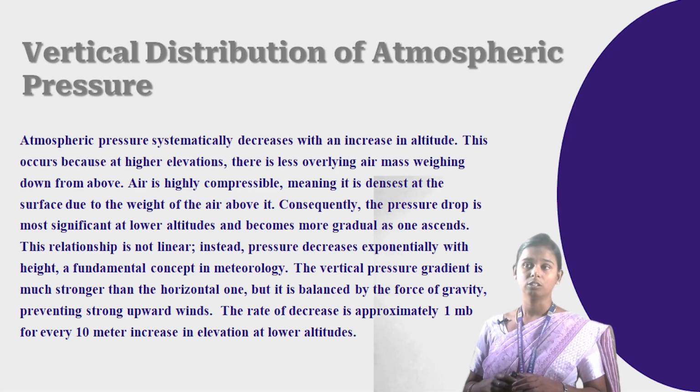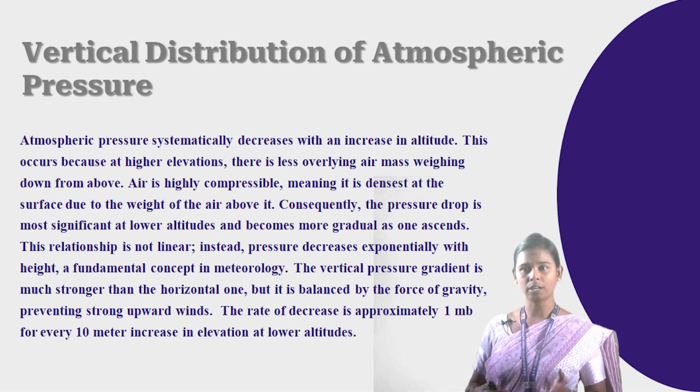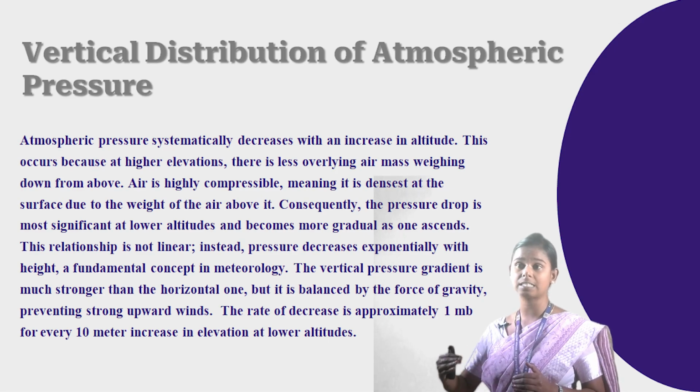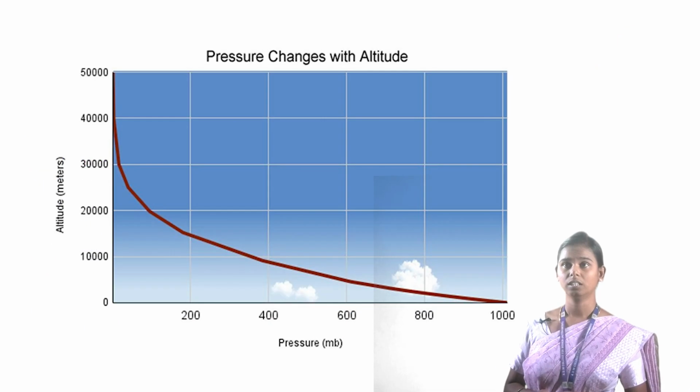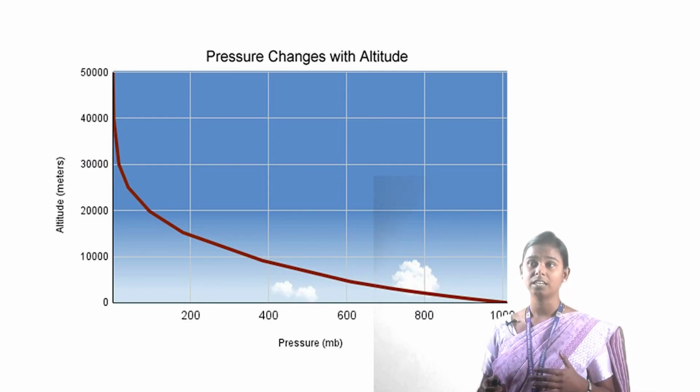The rate of decrease is approximately 1 millibar for every 10 meter increase in elevation at lower altitudes. Okay, this picture shows the vertical distribution of pressure.